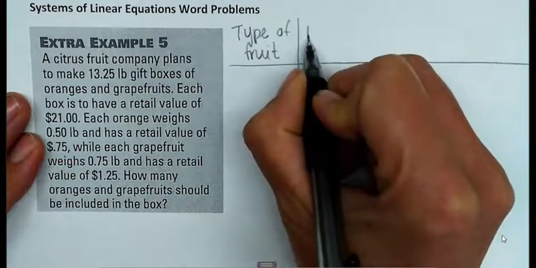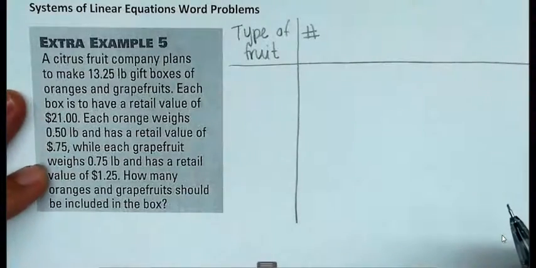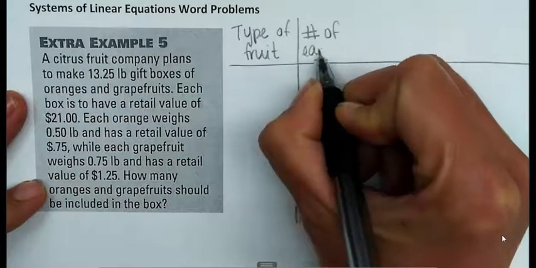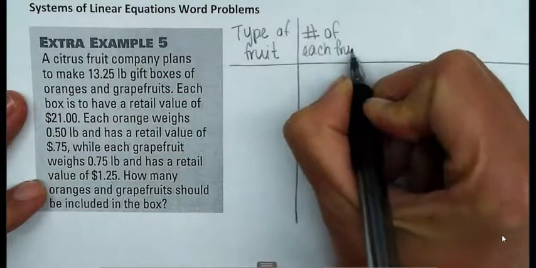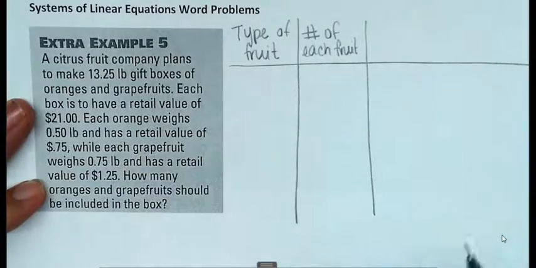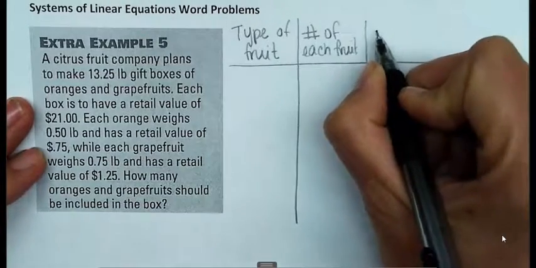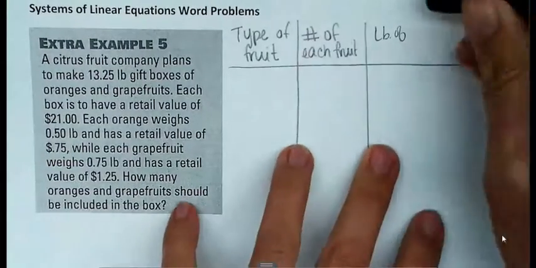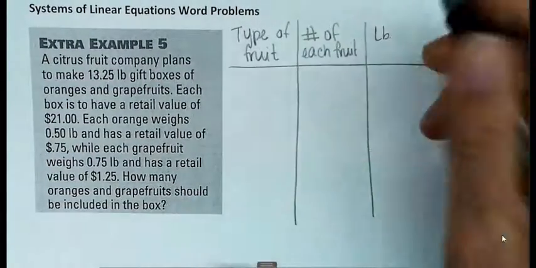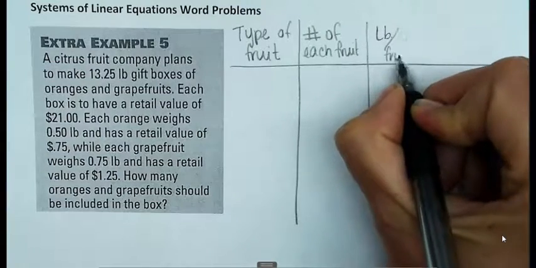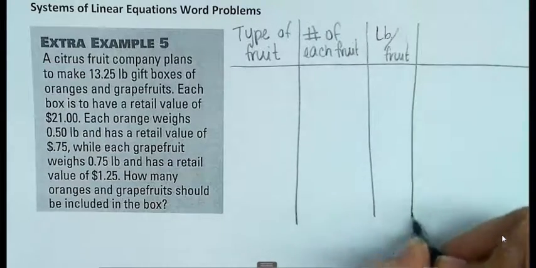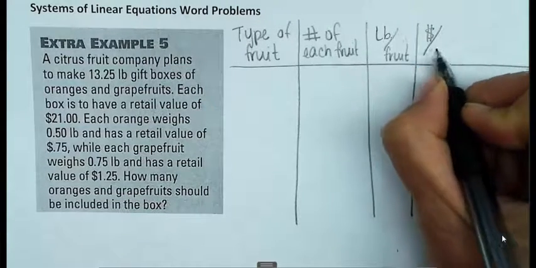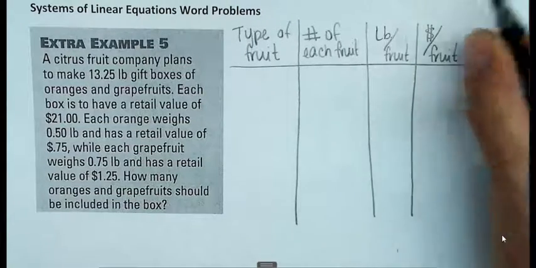I need to know the number of each fruit. I think I have the weight, or how about pounds per fruit? I also happen to know how much each fruit costs, so I'll put the money per fruit, or the cost per fruit.